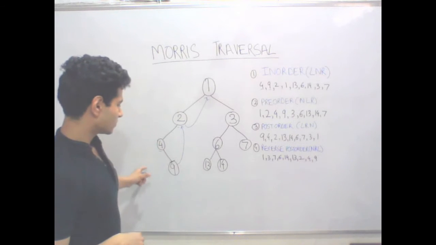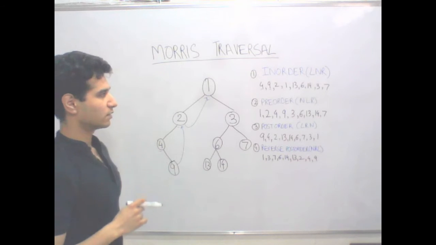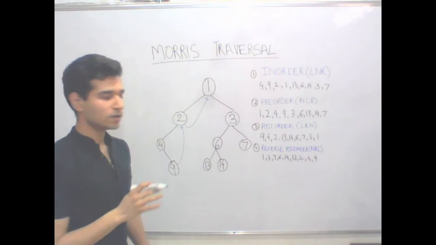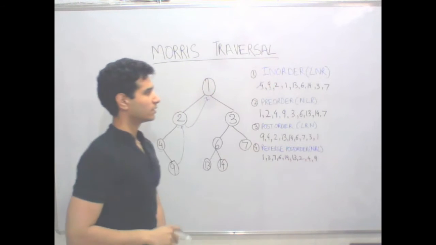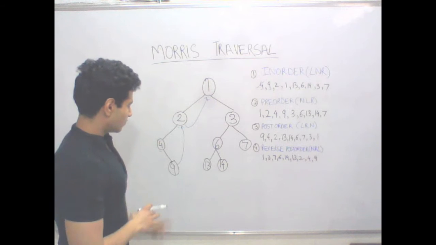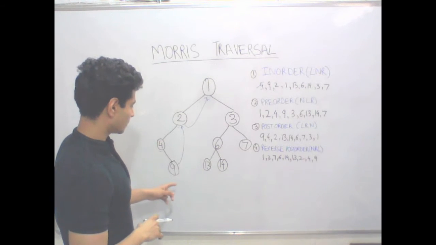As it does not have a predecessor because its left is null, we can store this value. So 4 is now stored in our array. After 4 is stored, we can go to its right.